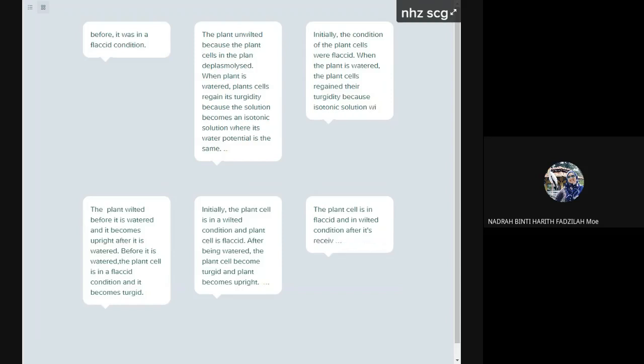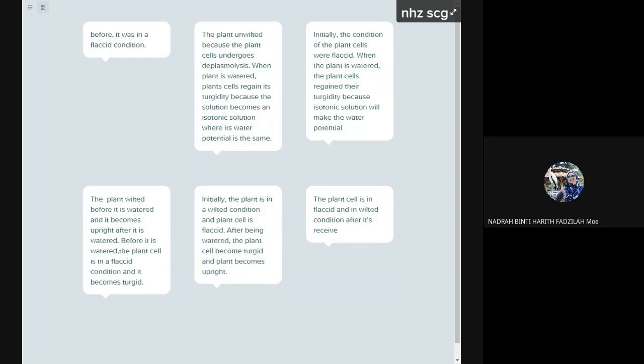Now, initially plant is, sorry, tukar ya. Initially plant is wilted, bukan plant cell ya. Initially the plant is in wilted condition. Good. Okay. And then because the plant cells are flaccid. Okay. After being watered, the plant cells becomes turgid and plant stays upright atau plant becomes fresh.